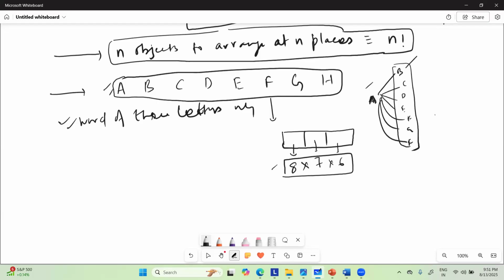And if I put B at the second place, I will have 6 more ways to fill the third. And if I start with B, then also all these words will be distinct in nature. So the total number of words we can create is 8 into 7 into 6, which is 56 into 6, whatever it is, right?